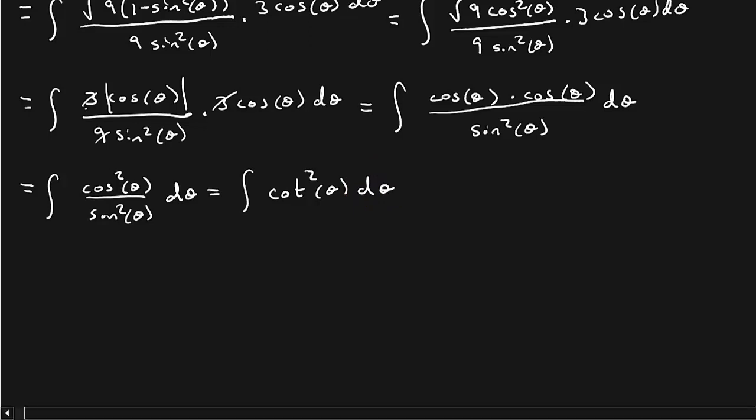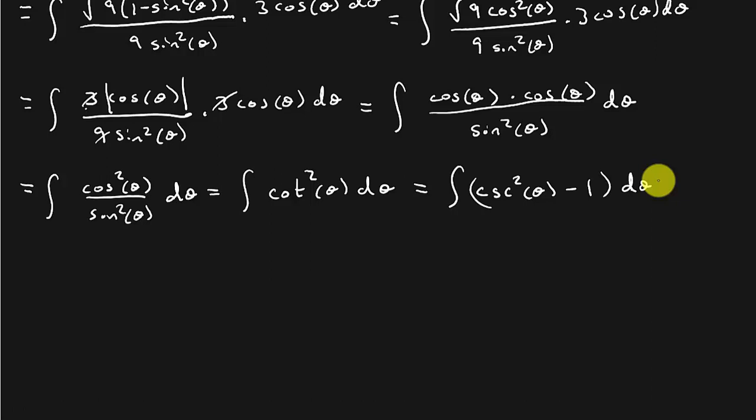All right, so I don't know what the antiderivative is of cotangent squared, but I can use an identity. Cotangent squared is cosecant squared minus 1 d theta. Because remember, 1 plus cotangent squared is cosecant squared.